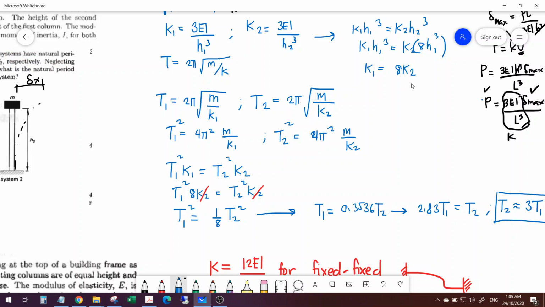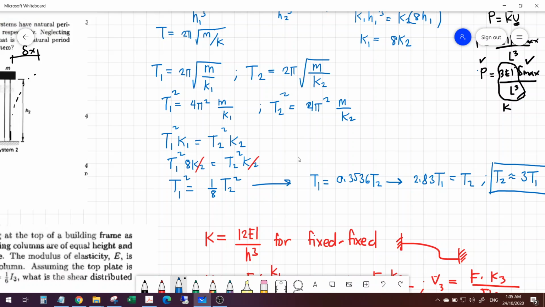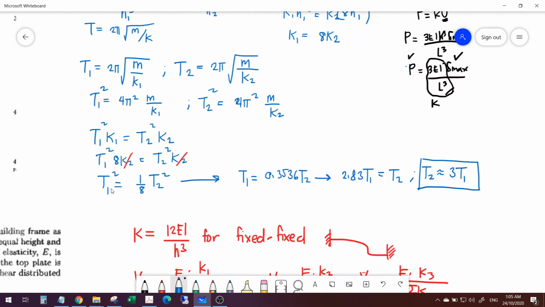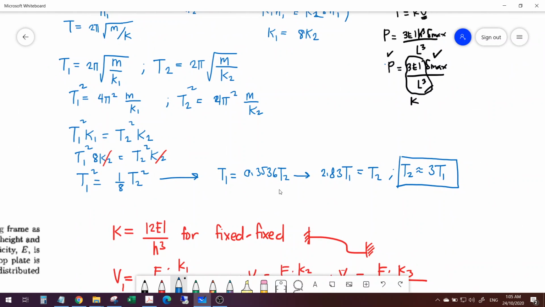Then let's substitute yung relationship ng K1 and K2. So T1 square is 8K2 because yun yung K1. Then is equal to T2 square K2. Okay? So T1 square is equal to 1/8 of T2 square. Of course, let's square root both sides, okay? And then find the relationship of T1 and T2. So we have T1 is equal to 0.3536 T2.